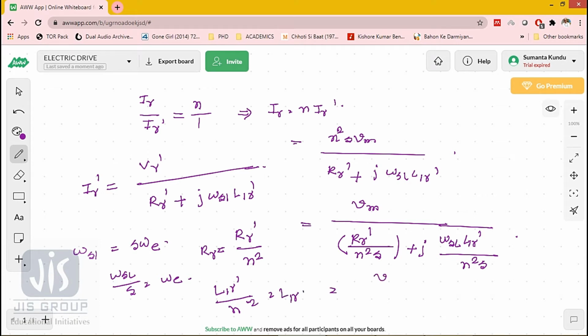So it will become Vm by RR by S plus j omega E L1R. These are basically referred to the stator side. So my referred value of the rotor current inside the stator value is this, Vm by RR by S plus j omega E L1R.